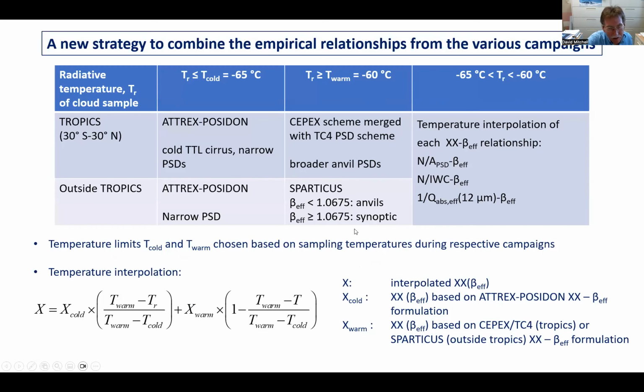So the way we dealt with the tropics is a temperature interpolation, a new strategy to combine empirical relationships from various campaigns.